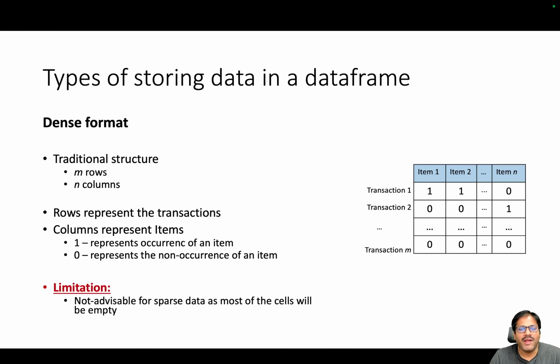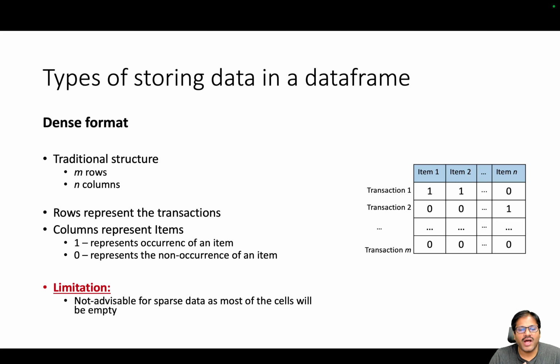The problem with this dense format is, assume that your data set is sparse. It means many cells in your data frame are going to have zero value. In that case, storing data in a dense format is a computationally expensive process.